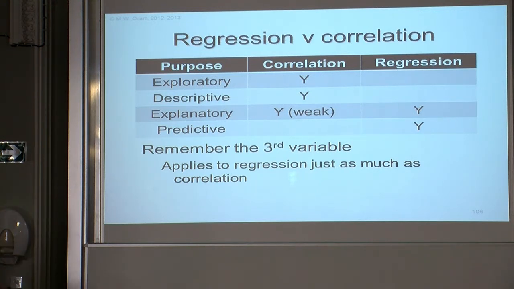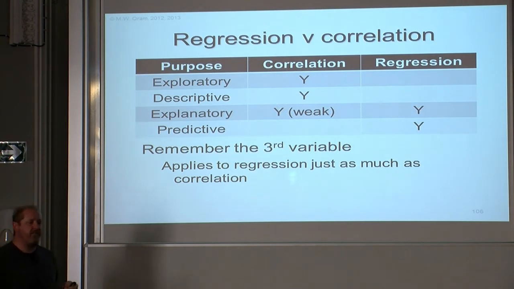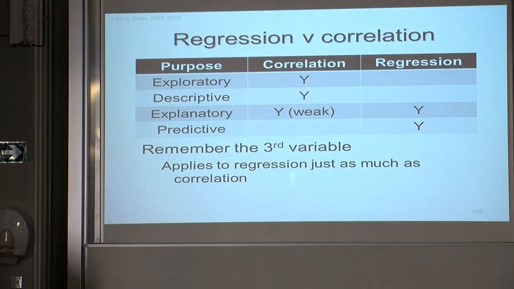In all cases, there is the third variable problem, that even what you are assuming to be a causal link in your model could still actually be due to a third variable, something else. So a lot of the time my research is actually asking about third variables.